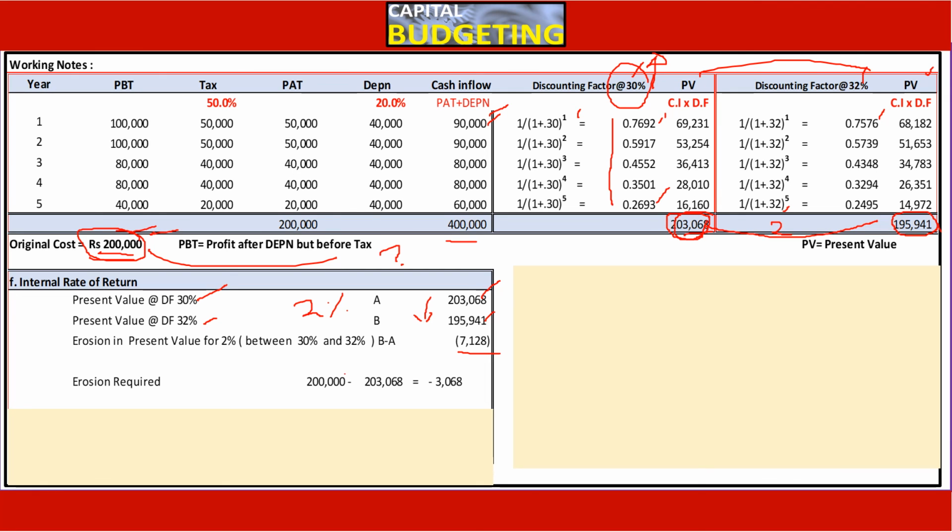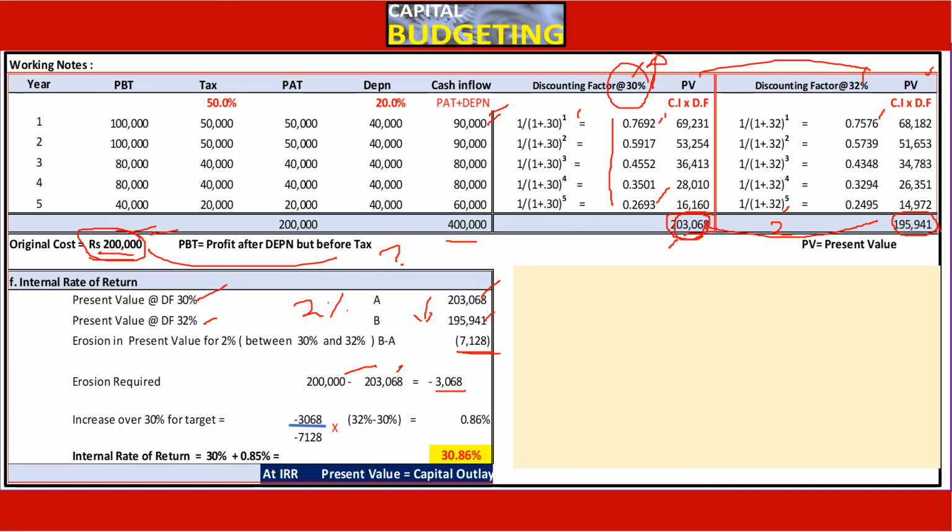Erosion required from 2,03,000 to 2 lakhs: I should bring it down. My requirement is 3,000, whereas here I am getting a reduction of 7,000. Means roughly about 45% is what I need to do. We have a formula. For 7,128 we have got 2% lost. How much for 3,068?